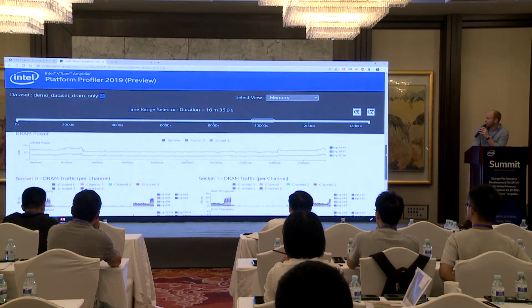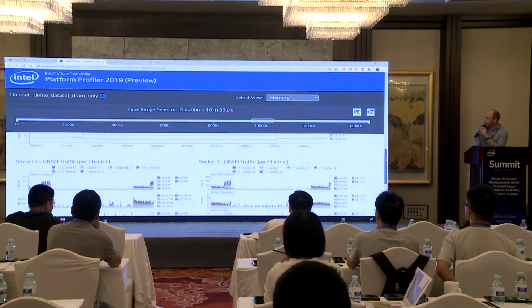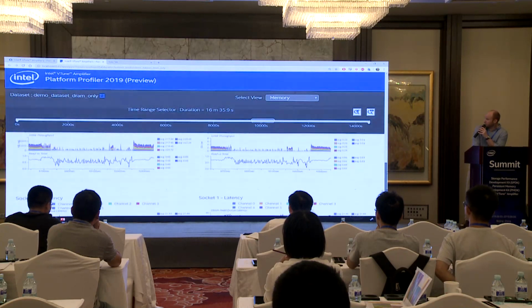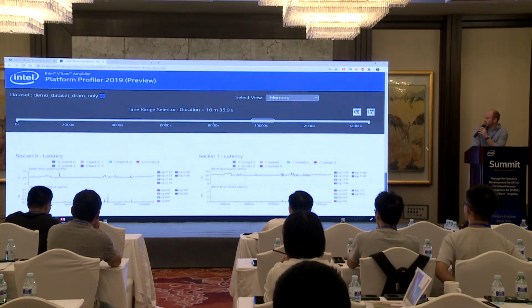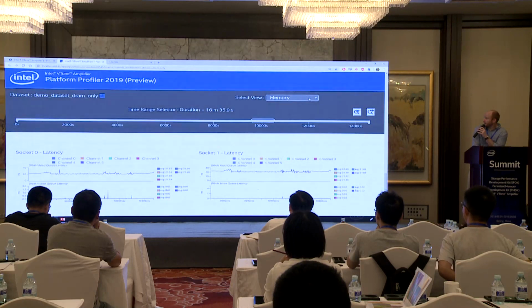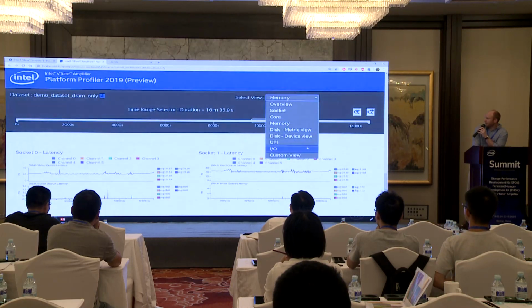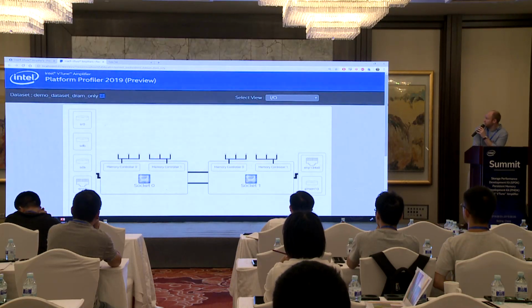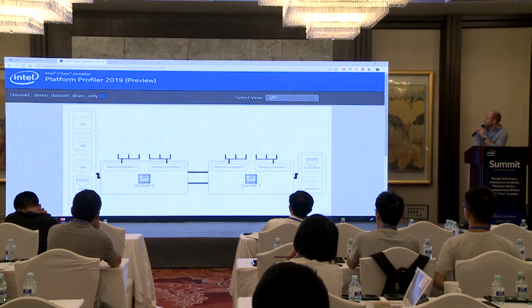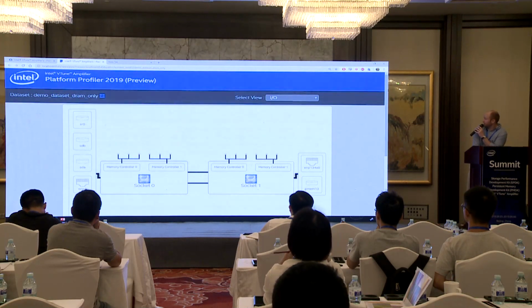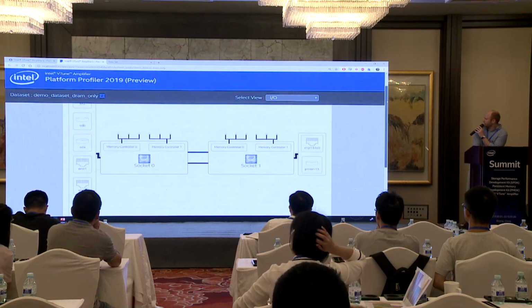This workload is not particularly interesting from a networking perspective, but we also have metrics around network and disk I/O. If we look at the I/O viewpoint, we can see some of those metrics just to give you an idea of the types of things that can be collected by Platform Profiler.